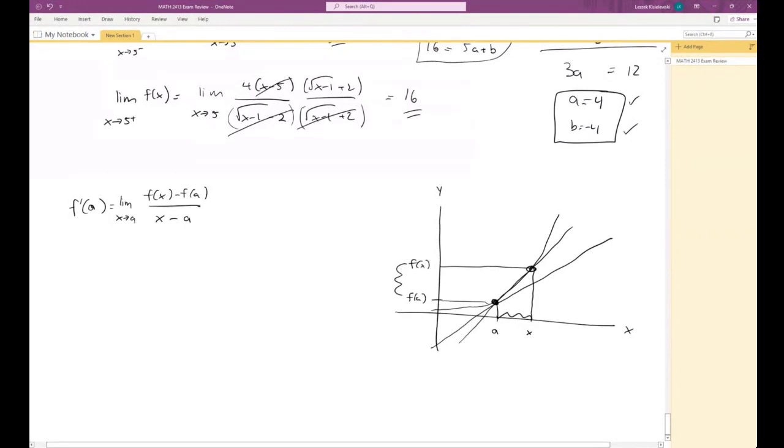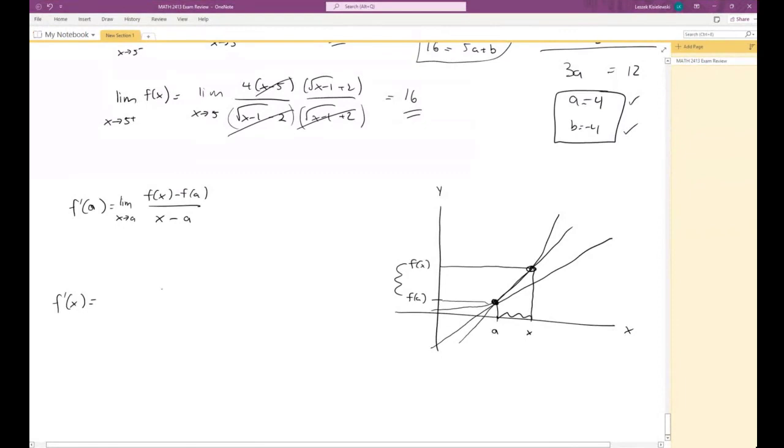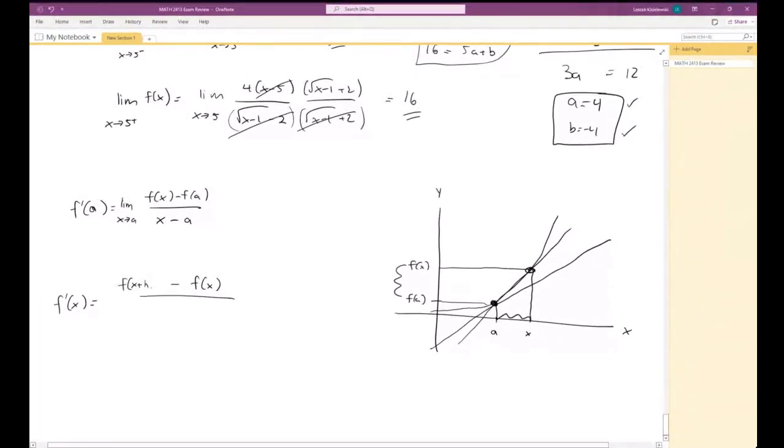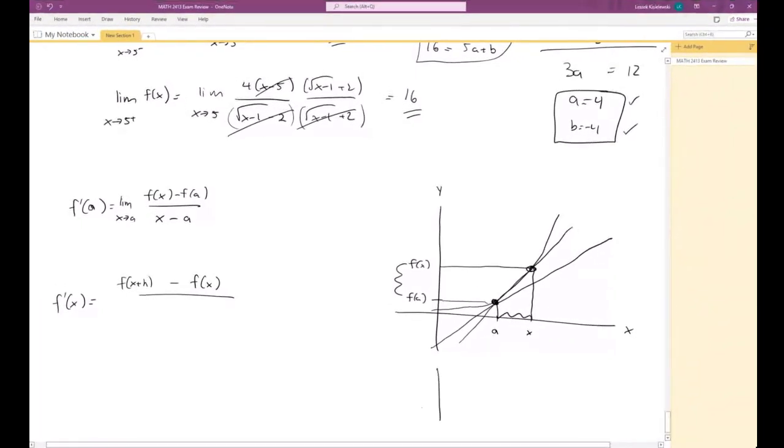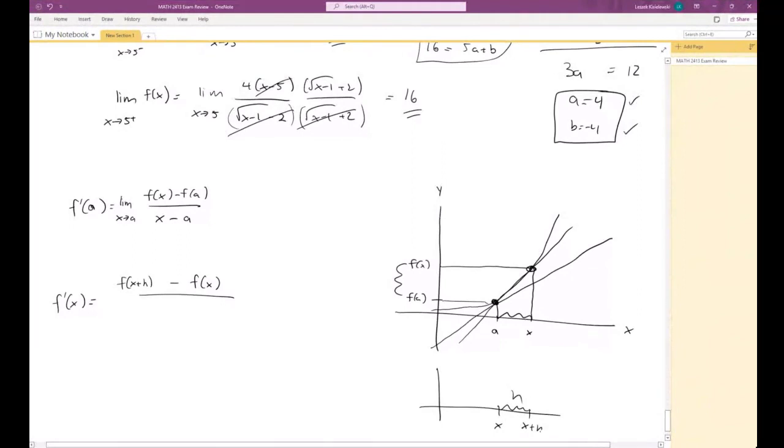And we had an equivalent way, where we have the derivative of the function at an arbitrary value of x. Now the fixed point is x, and to take a point near x, we say x plus a small change, so x plus h gives us the point nearby. The change in the y values would be the function at x plus h minus the function at x, and then divide by the change in x values.